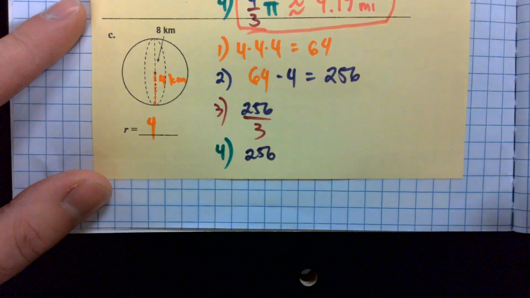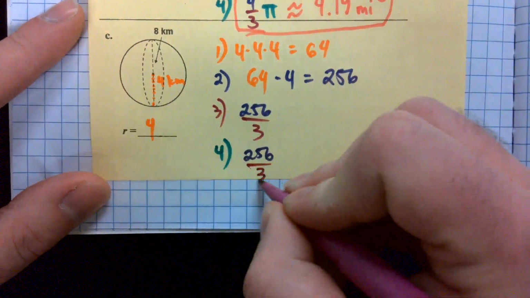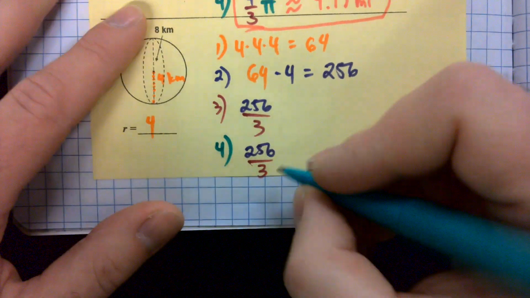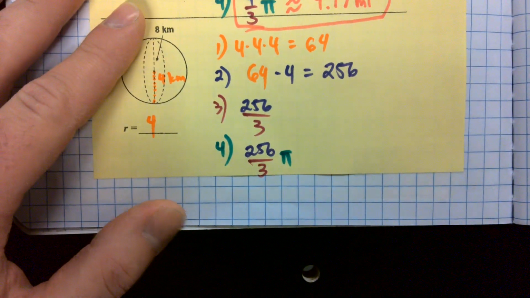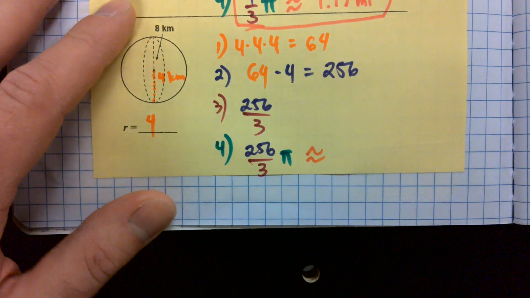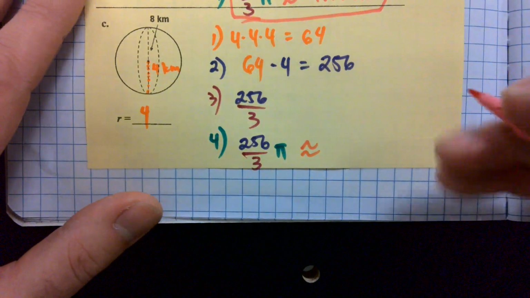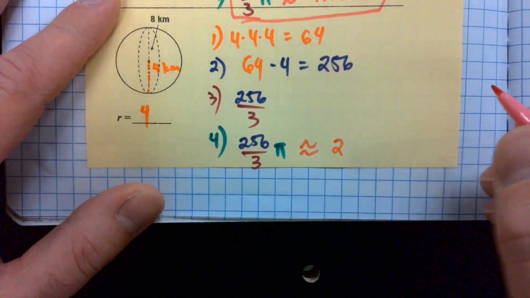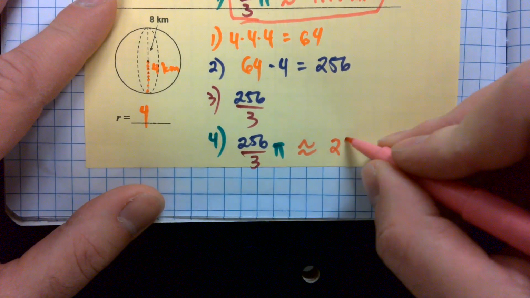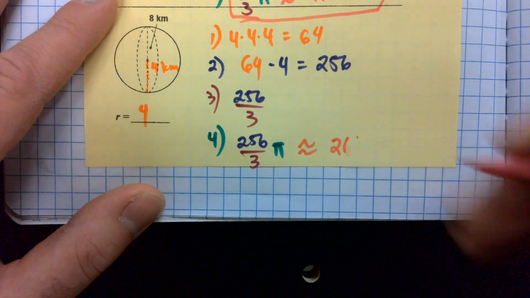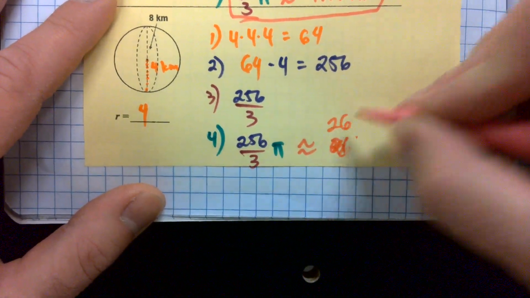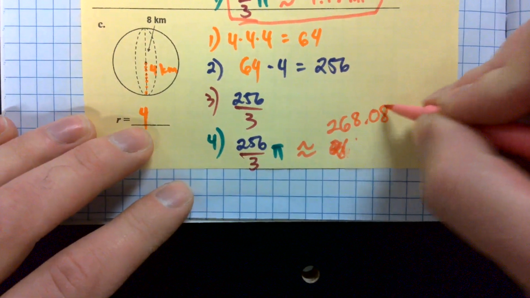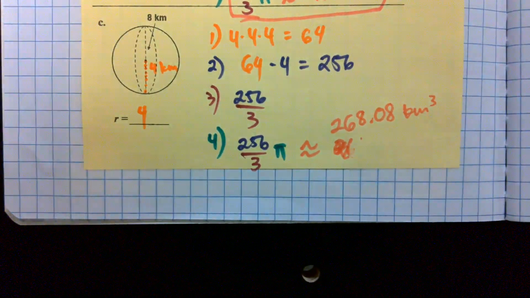And then we'll take our fraction, 256 over 3, and multiply it by what? By pi. Plug that in the calculator, and we get a rough estimate volume of what? What is it, Ayana? 268.08 kilometers cubed.